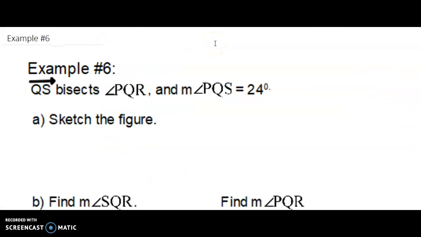All right, let's look at example 6 now. It says ray QS bisects angle PQR, and that the measure of angle PQS is 24. All right, so part A, we want to sketch the figure. Okay, so QS bisects angle PQR. We want to sketch this.